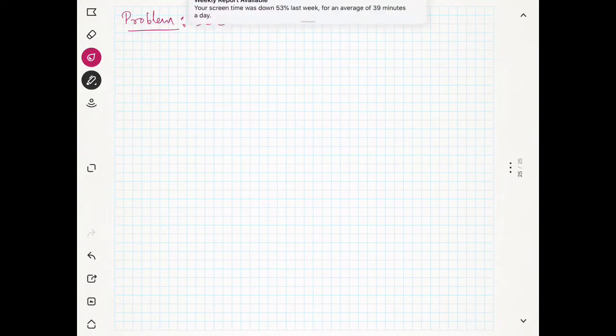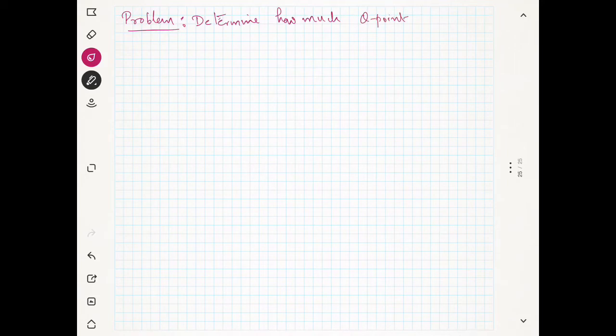So the problem is: determine how much the Q point changes.